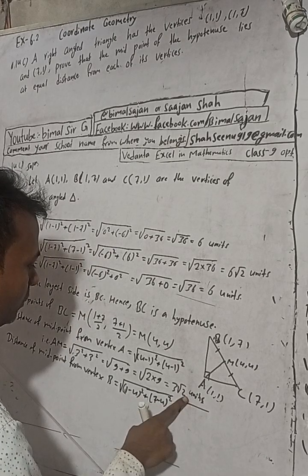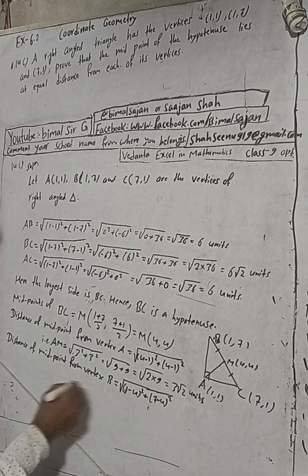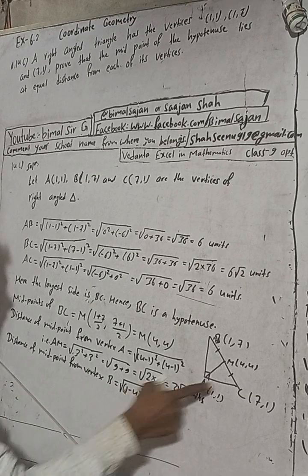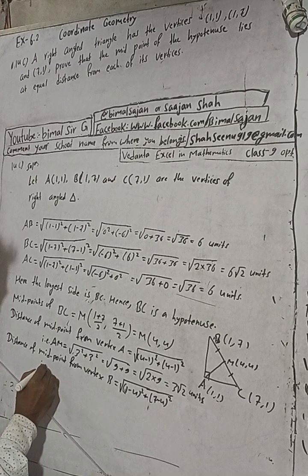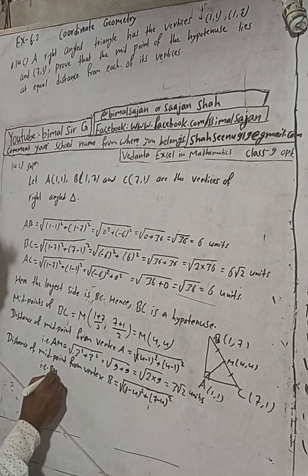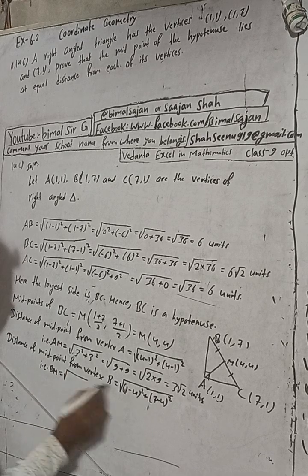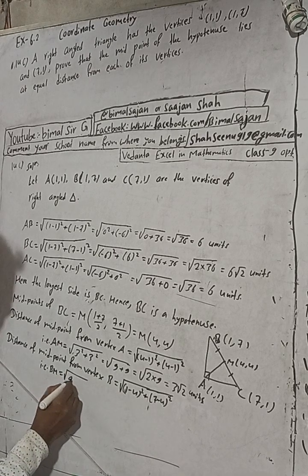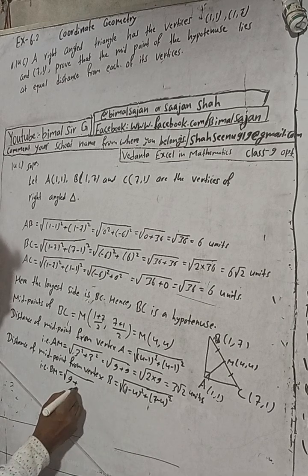So this is BM, the distance of the midpoint from vertex B. BM is equal to how much? 1 minus 4 is minus 3 square, so minus 3 square is 9, plus 7 minus 4 is 3 square, which is also 9.